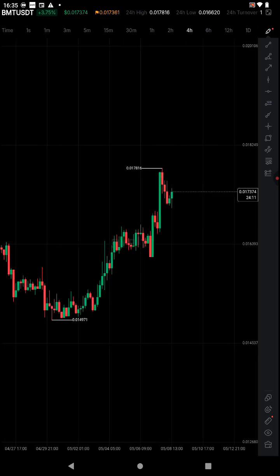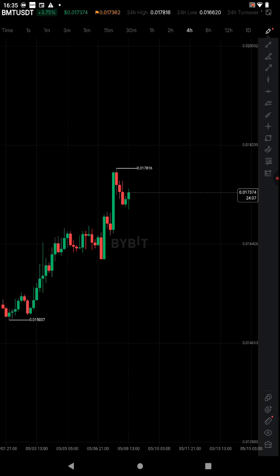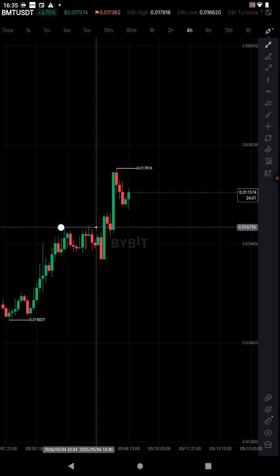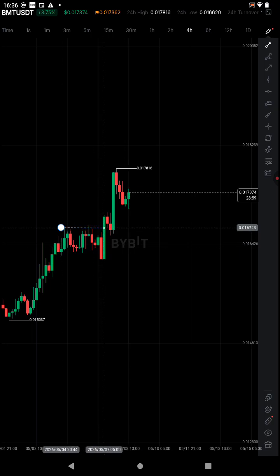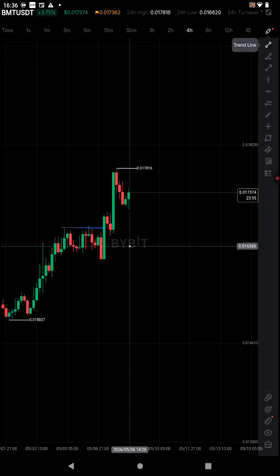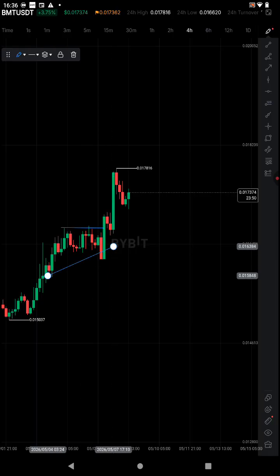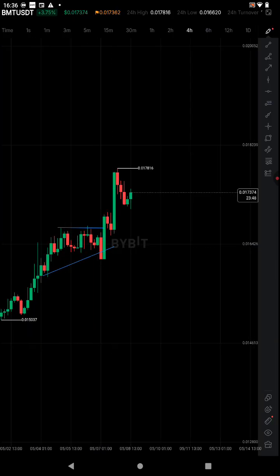We have a break of structure from an ascending triangle. I know you'll be asking me what an ascending triangle is. It's a basic chart pattern like this where the resistance is flat and then you have the support level here like so, and price broke out from it.